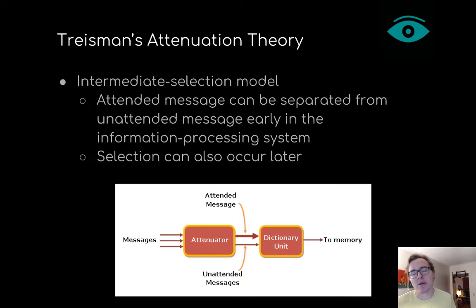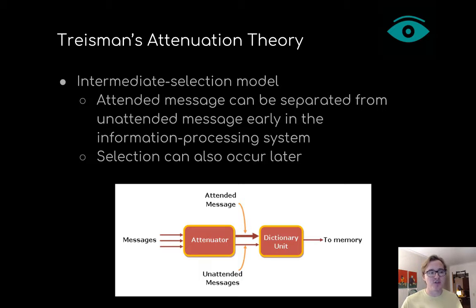Now, what Treisman proposed with her attenuation theory was the idea that your attended message can be separated from your unattended message early on in the information processing system, but even though that separation can still occur earlier on, the really important part is the selection that occurs later.